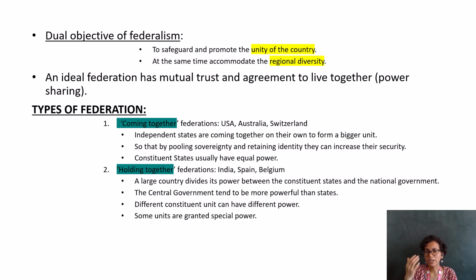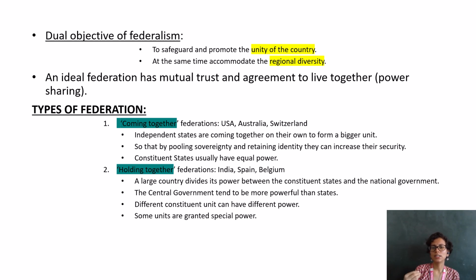Later on, for better governance, for better accommodation of diversity, different states were created in the whole territory of India. So in this holding together, in order to maintain the unity of the country, in order to accommodate the diversity, this form of federation was formed.